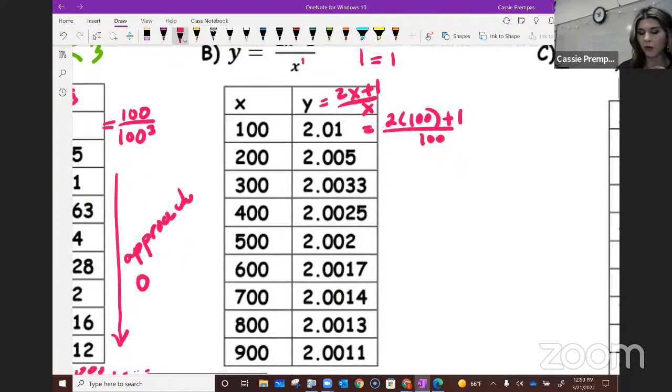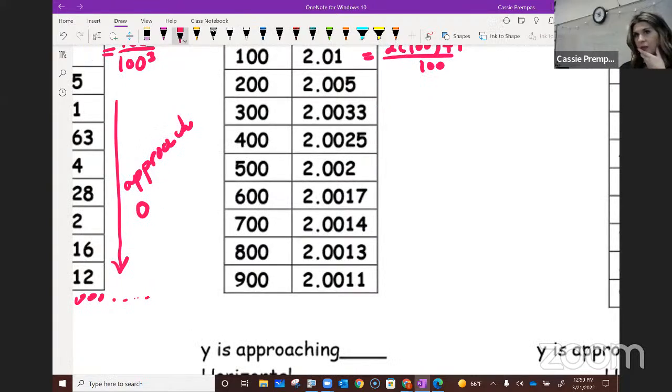If I go all the way up to 900, I would find it to be 2.0011. If I plugged in a really, really large number, as x goes to infinity, the y value would equal 2 point a ton of zeros.